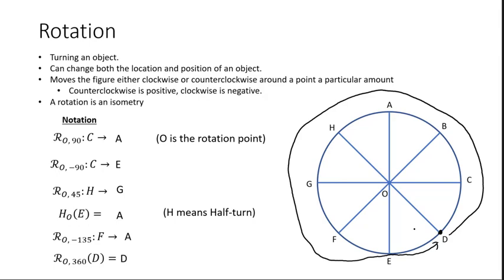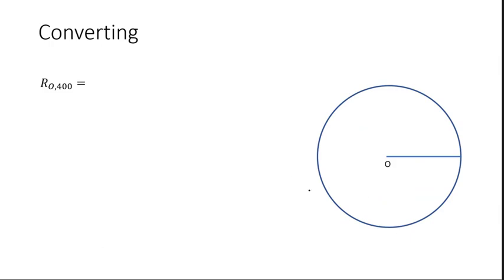Now with circles and with any rotation, we can go further than 360 degrees. So make sure that we also know how to write equivalent degree measures. If it's like 720 degrees or 500 degrees, it's going to go back around to another location on the circle. So here we see an example of that. What we're doing is rotating this point right here 400 degrees around the circle.